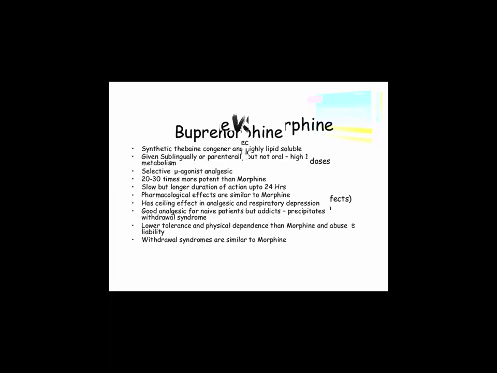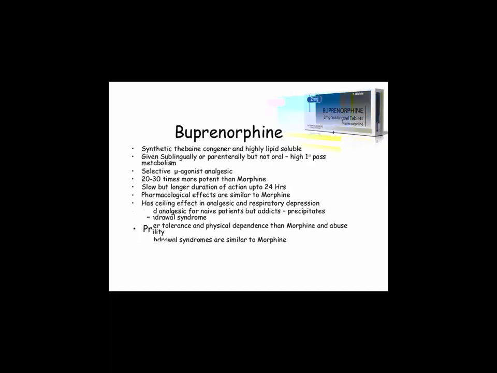It has a ceiling effect in analgesia and respiratory depression. Good analgesic for naive patients, but in addicts it precipitates withdrawal syndrome. Lower tolerance and physical dependence than morphine, and lower abuse liability. Withdrawal syndromes are similar to morphine.